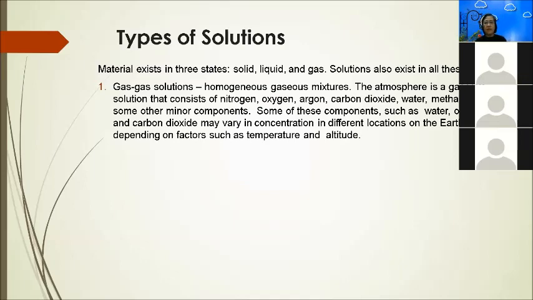So, you learned from your previous years, during your elementary or junior high school, that air consists of, as we say, 21% oxygen and 79% nitrogen, tama ba yan?